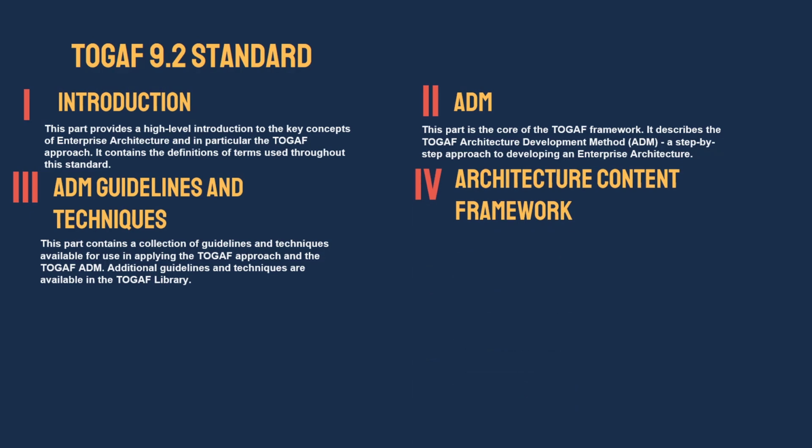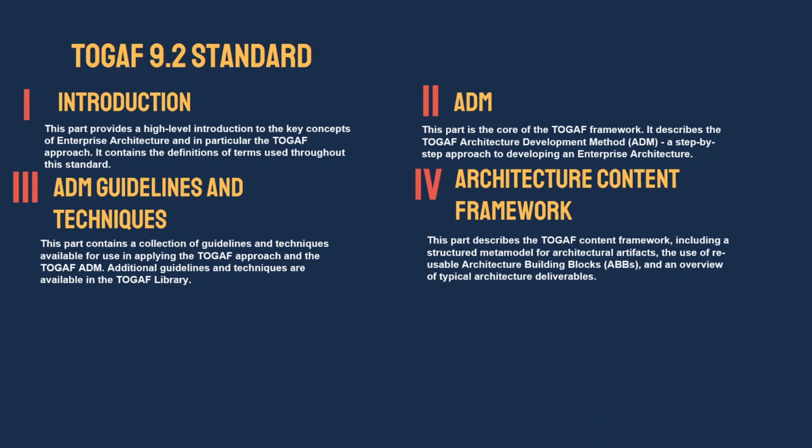4. Architecture Content Framework. This part describes the TOGAF content framework, including a structured metamodel for architecture artifacts, the use of reusable architecture building blocks, and an overview of typical architecture deliverables. 5. Enterprise Continuum and Tools.